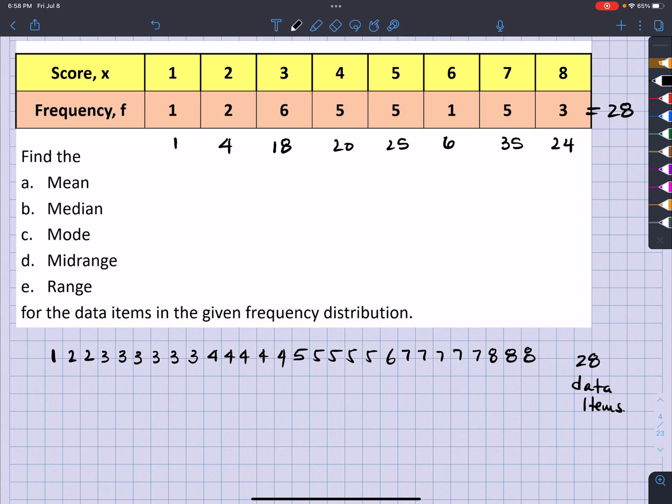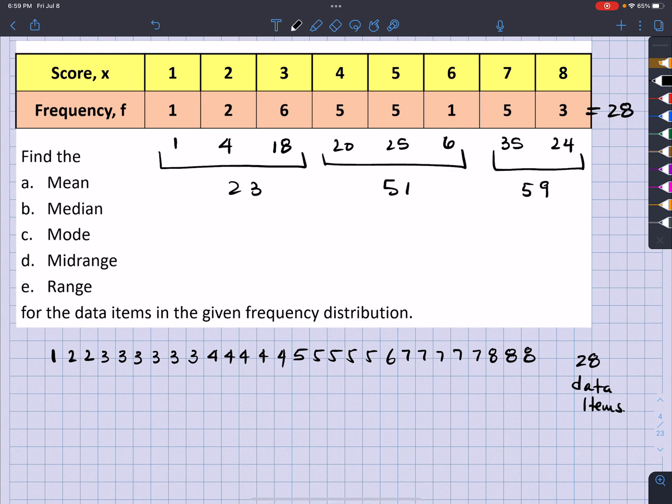Let's break it up. So if I added these numbers together, what am I going to get? I'm going to get, here's 22, 23. Right here, this is 45, so 51. And let's add these two together, and that's going to give me a 59. All right.